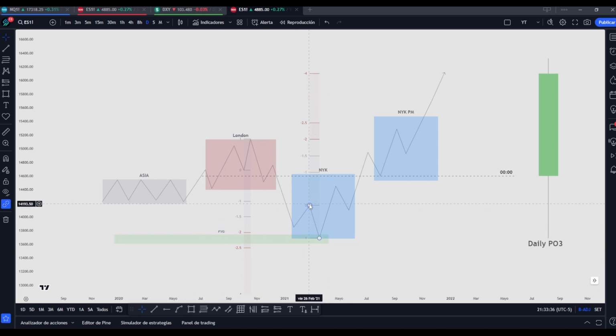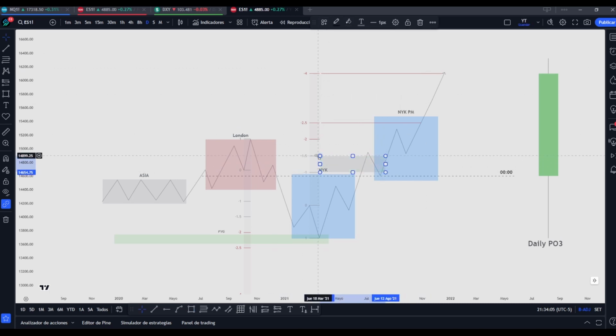We now have another manipulation leg. We project standard deviations. After we close above negative 2.5 deviation, we can be expecting a double expansion to negative 4. We can be entering some trade in our bullet zone, negative 1 and negative 1.5.